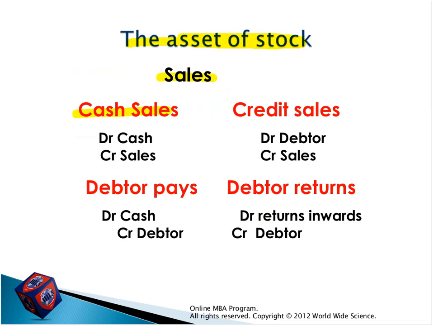And if we are selling the product, our stock goes out from the company and is decreased, and we show the sales on the credit side.